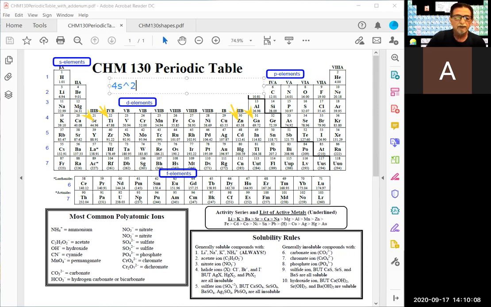And then we went to 21. What I'm going to do is put in brackets argon, because that tells you that's everything behind potassium, okay?